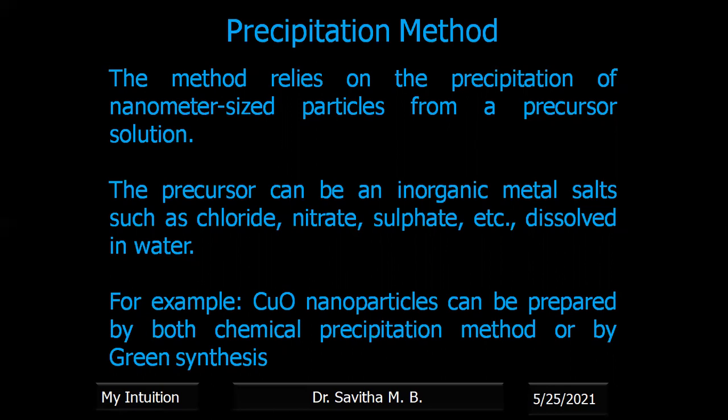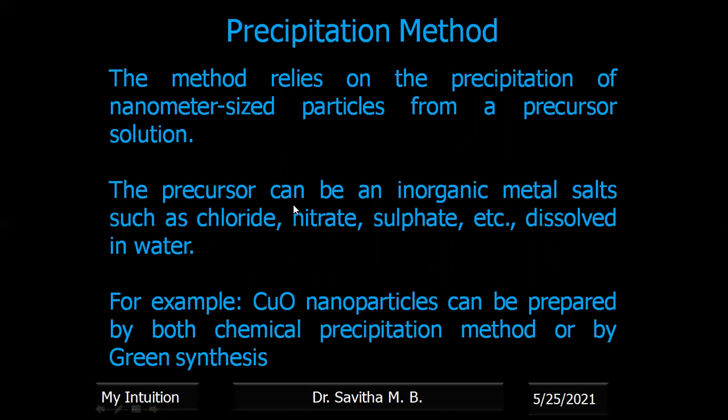We have understood that precursor solution is the reactant solution which contains the metal from which you have to prepare the nanoparticle. That precursor solution is taken in the soluble state, that is the solution state. Then you add a certain reagent, generally a base, which will make that metal precipitate out. Okay, that is the precipitation method.